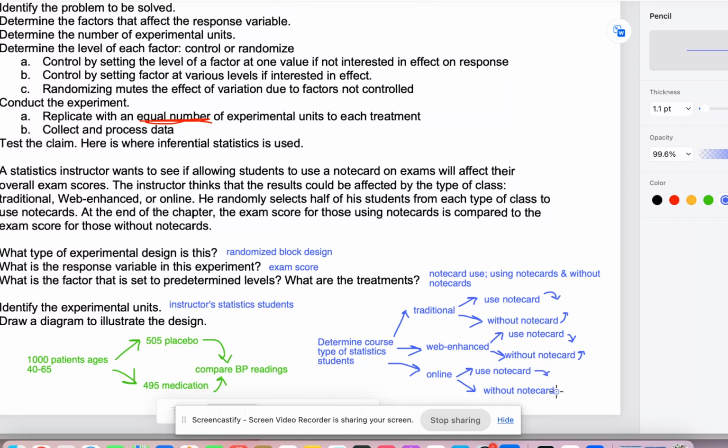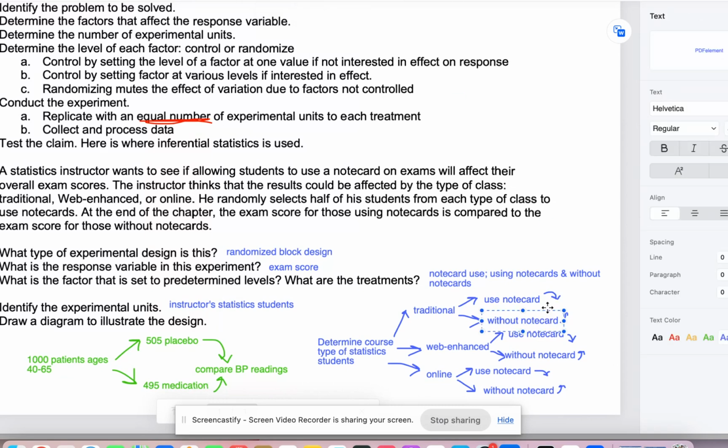Because again, the instructor is hypothesizing that the course type is going to have an effect on the results. So again, just guessing, it's more likely that a traditional student is going to see a bigger difference in exam score with using versus not using a note card.